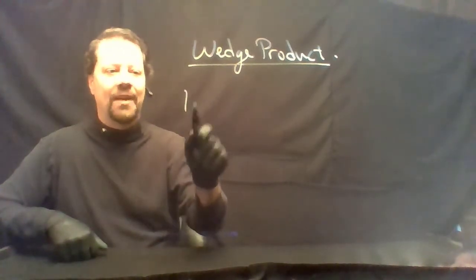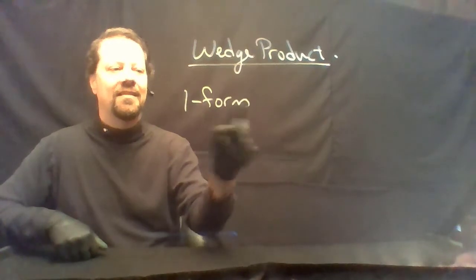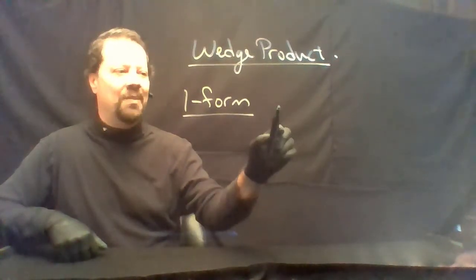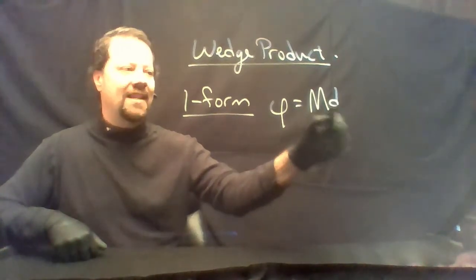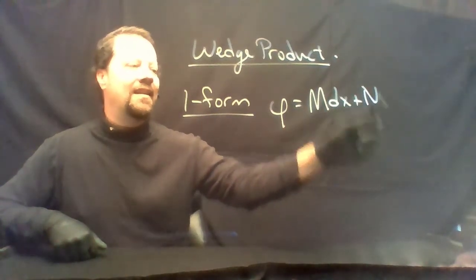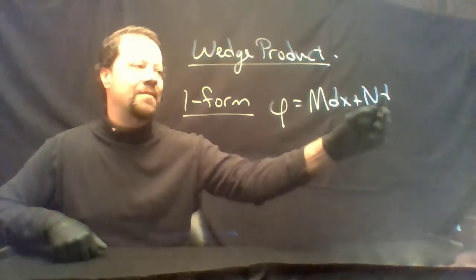First, let me define what I mean by a one-form. One-forms in the plane are going to be functions that look like this: a function of x and y times dx, and a function of x and y times dy.